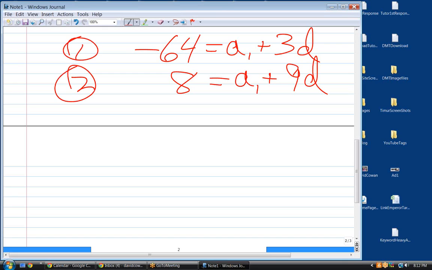So you would set one of them equal, so I guess for the first one, a sub 1 equals 64 minus... Well, we could do it that way. That would be doing it by substitution. Personally, I think it's easier to do it by elimination. Okay. Let's subtract equation 1 from equation 2. Notice the a sub 1 will disappear and we'll be able to solve for d. Okay. What do you get when you subtract 2 minus 1?